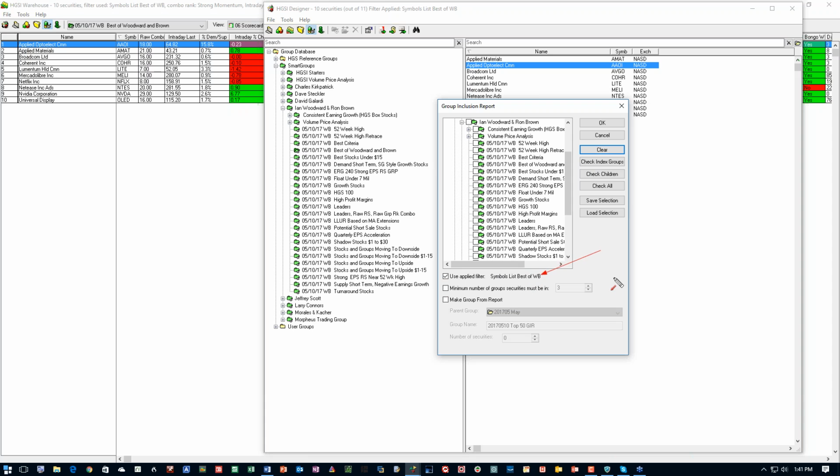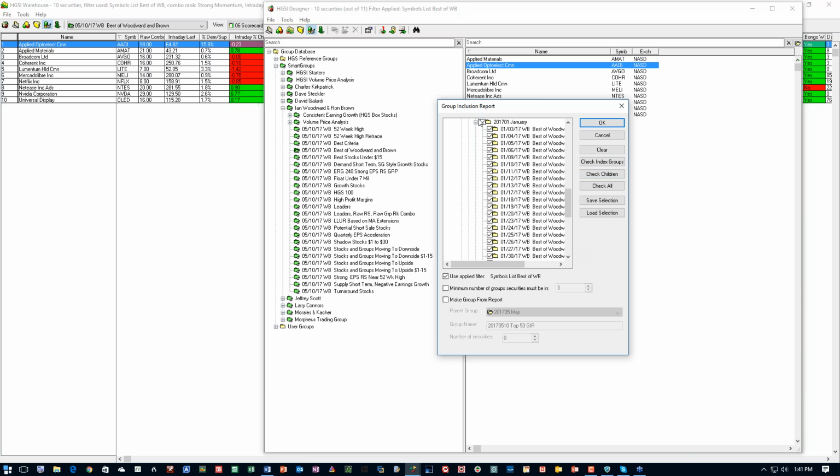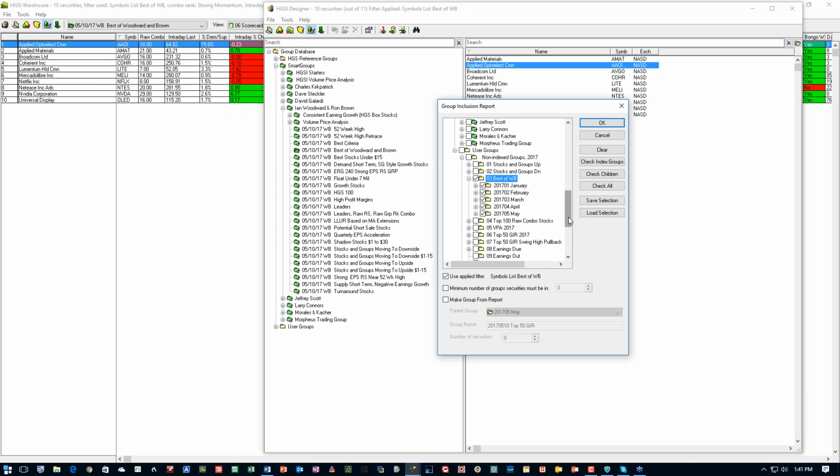As you can see, it's attached right here. And I have to locate my user groups. I'm going into what I call my non-index groups because these do not index. Here's the best of Woodward and Brown. Now you need to check the children. If you check the children, it makes sure that everything is checked under the primary folders.